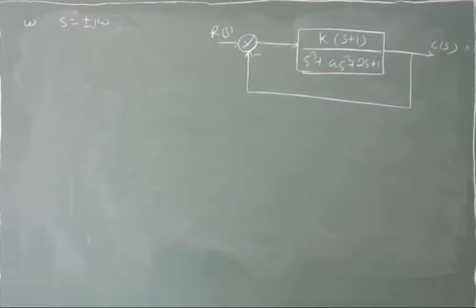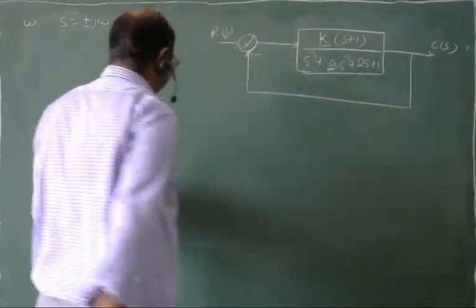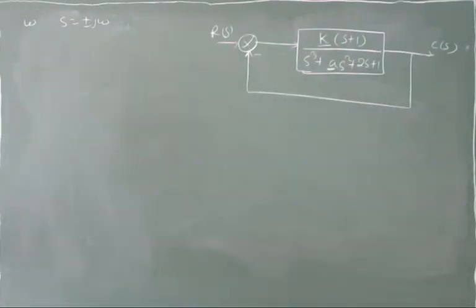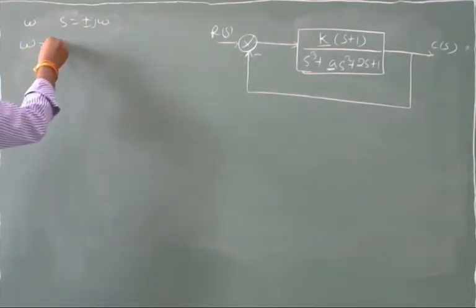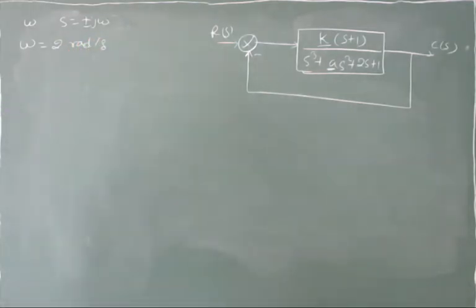If any pole comes in the right half of the s plane, the system will be unstable and there will be no sustained oscillation. So determine the value of K and A so that the system oscillates at a frequency of 2 radians per second. The value of omega is 2 radians per second.